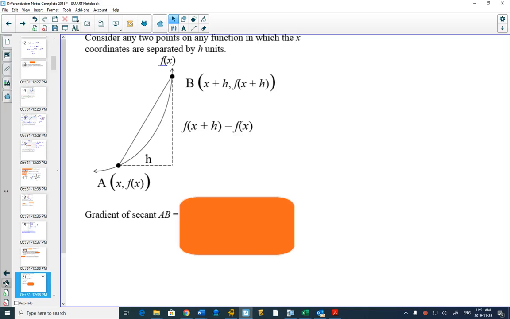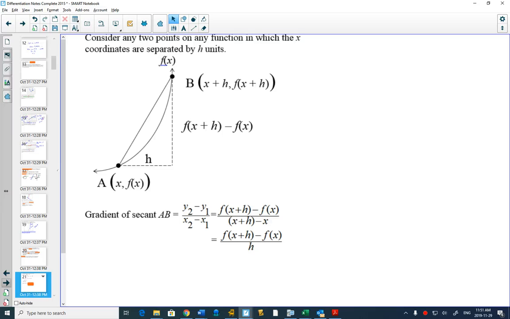So the algebra can be represented as a limit. First of all, would you agree that the slope of AB is just rise over run? Rise over run: f of x plus h minus f of x over x plus h minus x, which just becomes h. Just using the notation that we have here, this is the slope of our secant line.